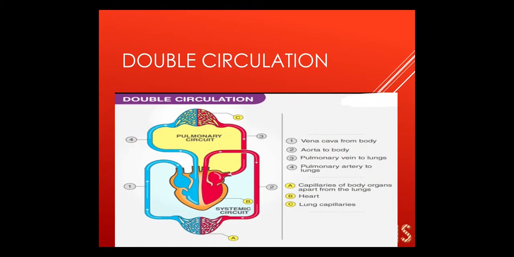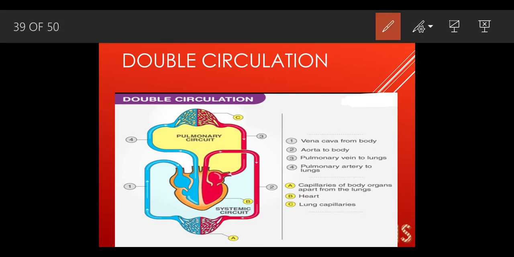Now we are going to start with a new concept called the double circulation, and this is very interesting, and questions can certainly come from this part. See, here are some of the naming.